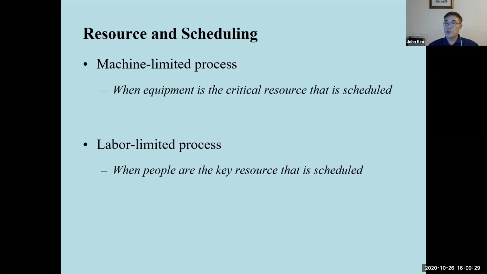And resource and scheduling. If machine time is limited, that is kind of capacity. So if they are concerned about the capacity, then based on that limited machine schedule, labor hour limited, then based on this limited labor hour schedule.